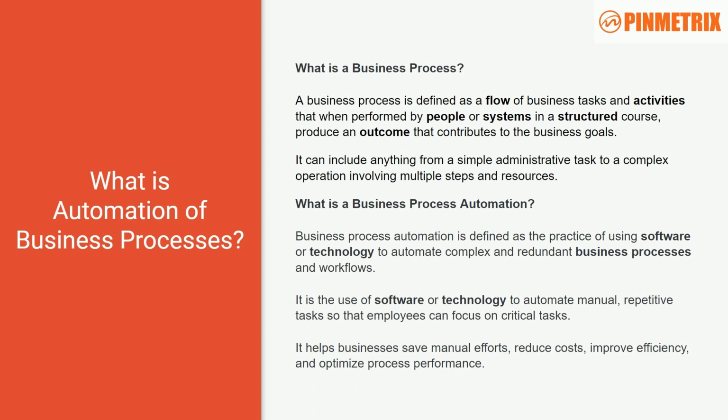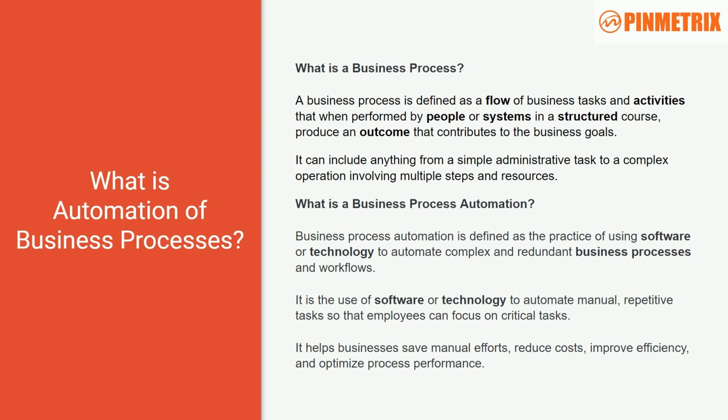It can also mean anything from a simple administrative task to a complex operation involving multiple steps and resources. That is just a very brief explanation of business process. If we introduce technology to it, then we say business process automation.